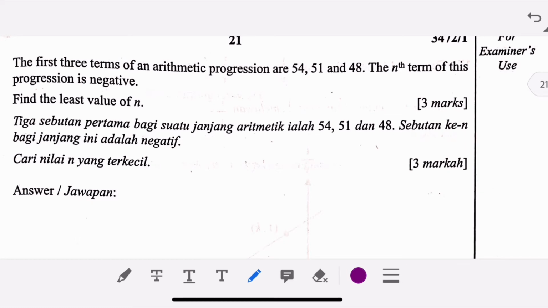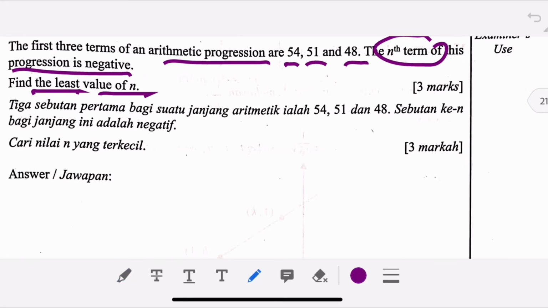Okay, for this question, you have the first three terms of the arithmetic progression: 54, 51 and 48. The nth term is negative. Find the least value of n. So whenever you have negative, this is 0. This is positive 2, positive 3.